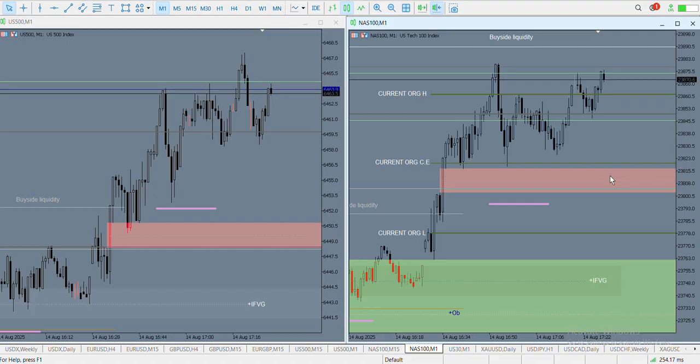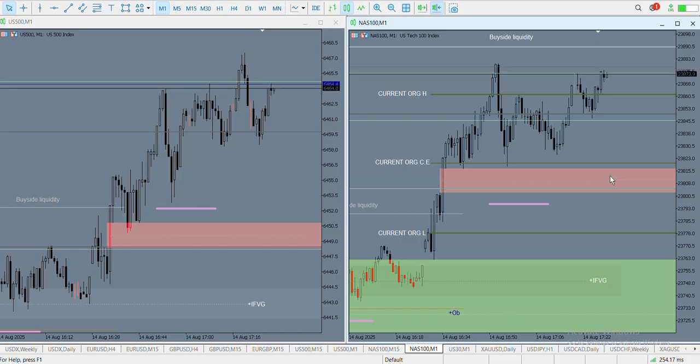It's not really easy to believe price is going to respect these PDRAs, or how price performs around these PDRAs. It's not easy to trust price action in that regard. You must have a skill. It's really a skill.